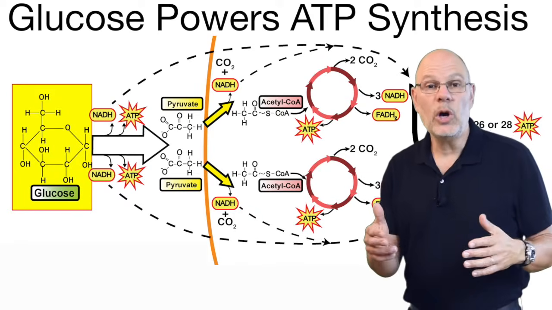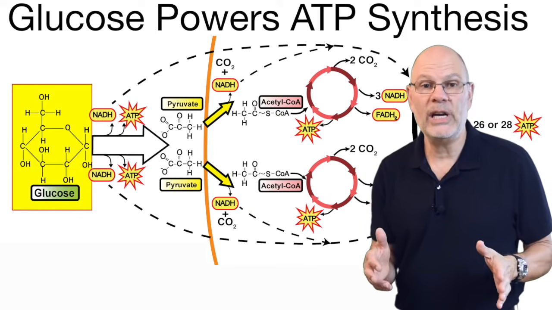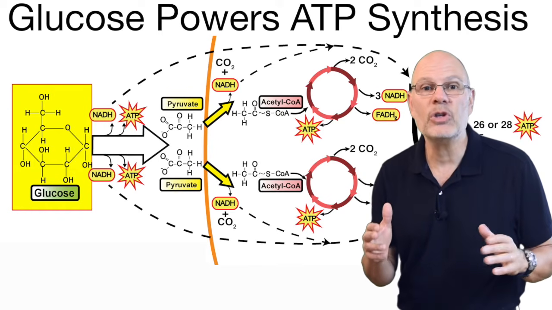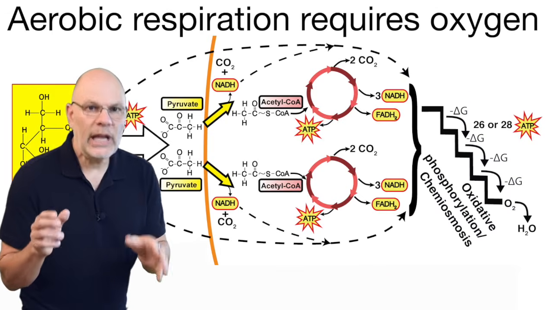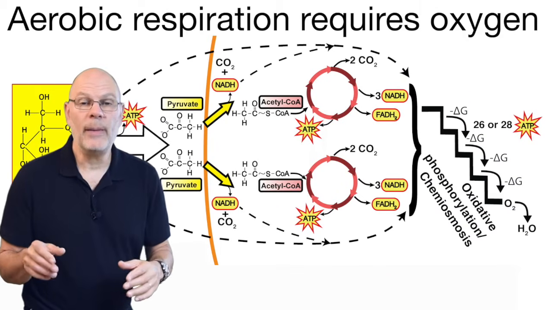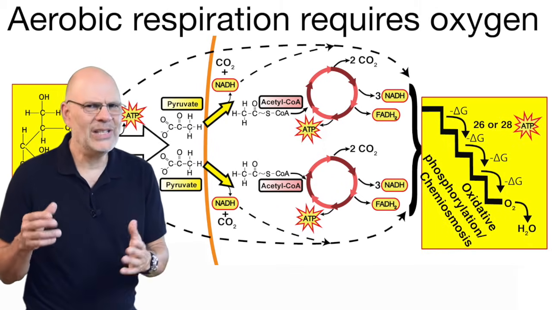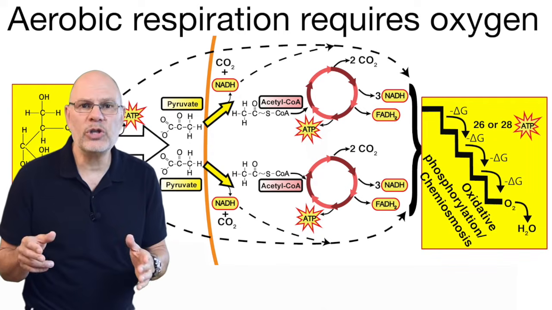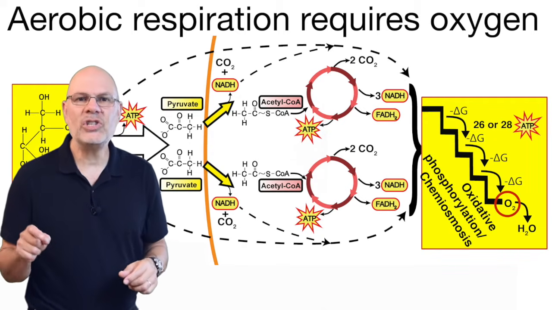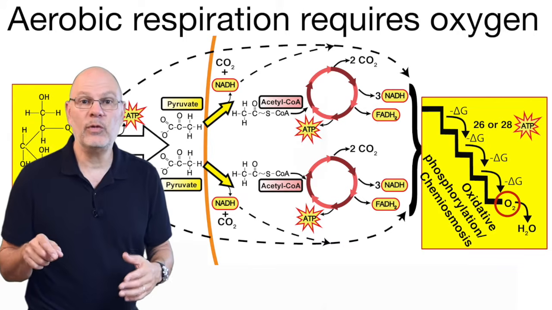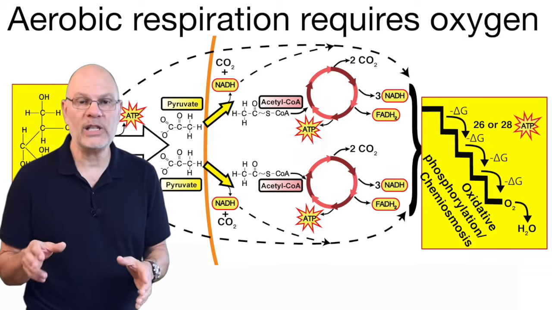Here you can see glucose in the context of cellular respiration. It's the fuel that powers the whole process. Let's look on the other side of this diagram, where you see this staircase that leads to oxygen and which results in the production of water. Oxygen is the other essential input for what's called aerobic cellular respiration.